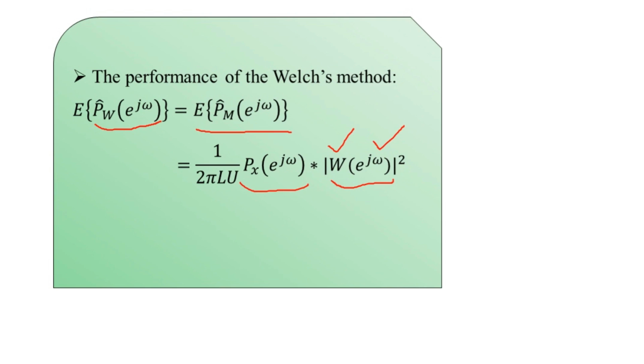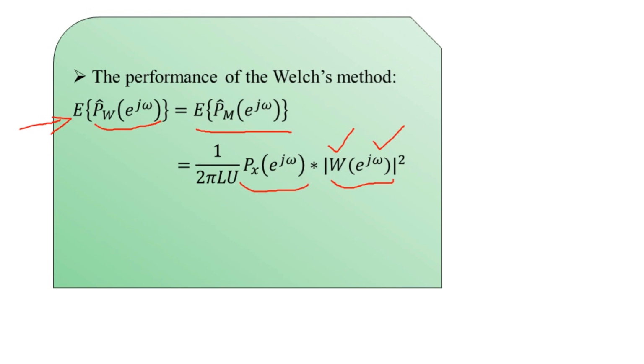Now along with the expected value or the mean, we require knowledge of the variance. Unlike the expected value, the variance computation is a little bit difficult in the case of the Welch method, because we have the modified periodograms averaged, and therefore for these modified periodograms we cannot assume 100% that the sequences are uncorrelated.